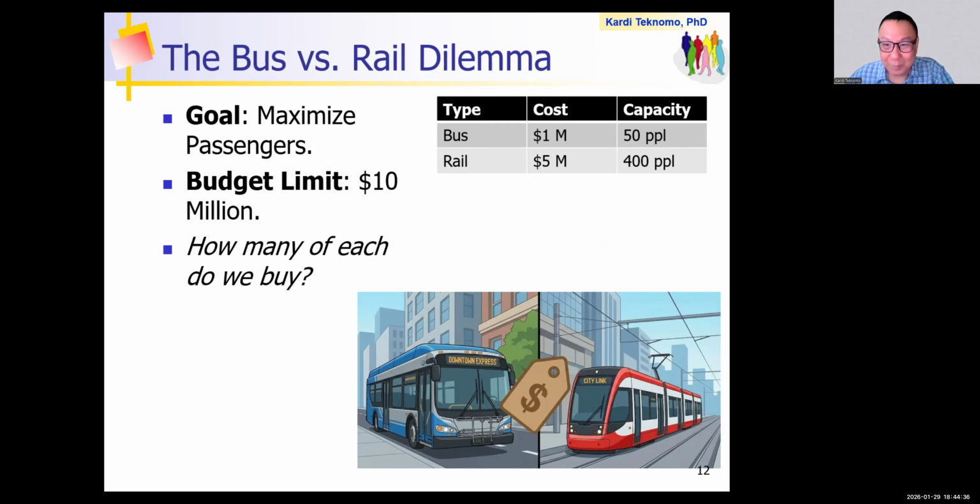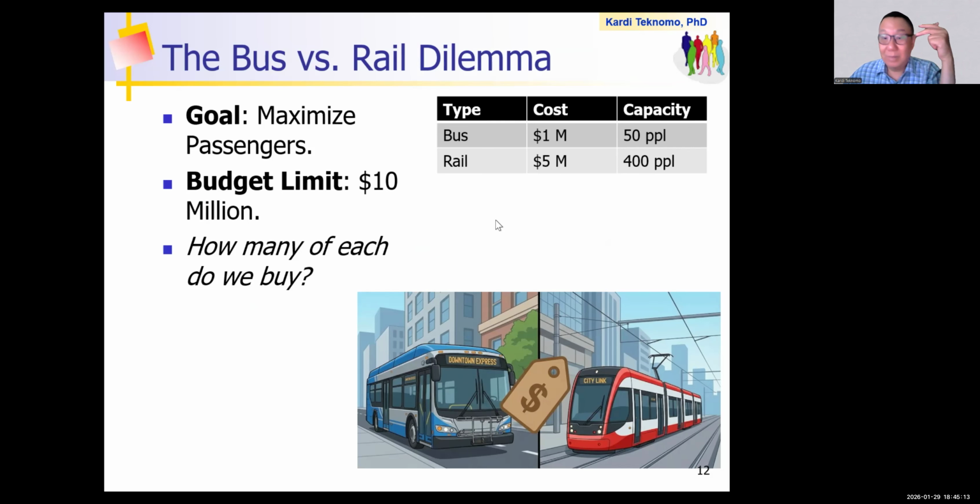Two rails? Probably. So basically you have a trade-off, isn't it? You need to find the specific mix that gives the highest capacity without breaking the budget. This is very simple, right? If you have two rails, you get 2 times 400, which is 800 passengers per lane.